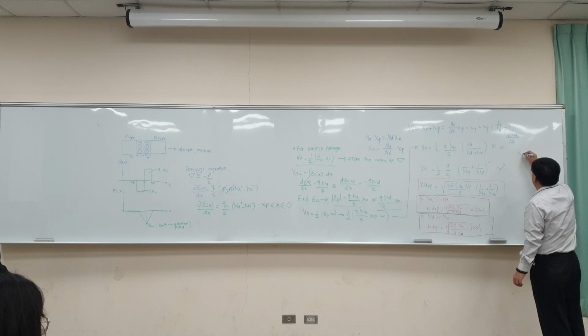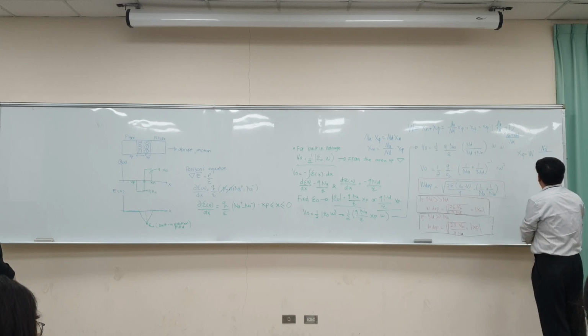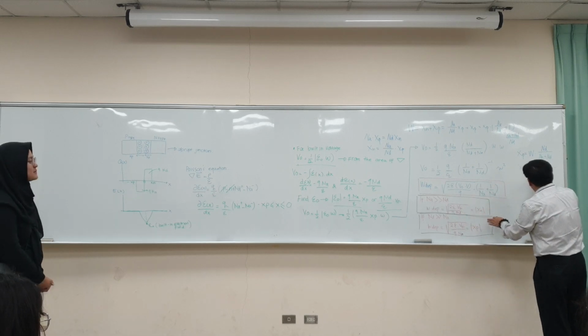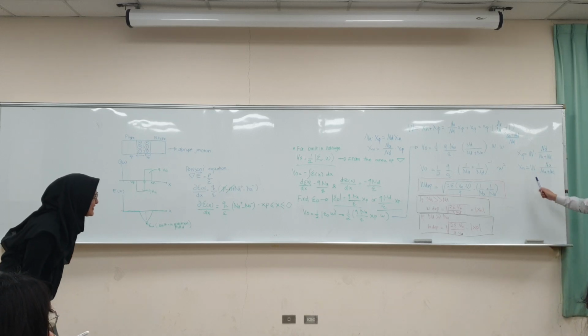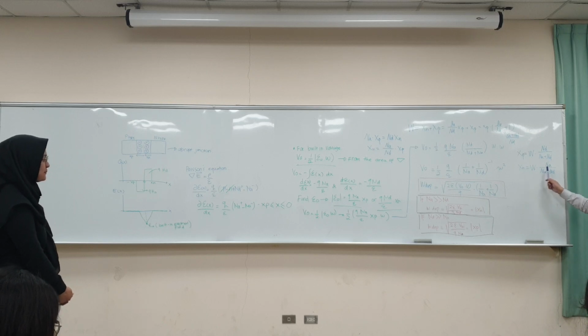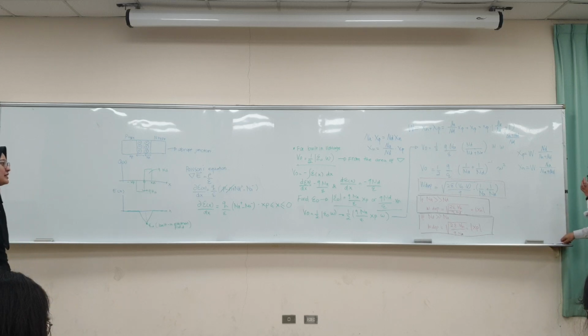So if you want XP, you will become the width, ND, NA, and XN, the total width, but you need to know which side you are looking at. The depletion width of the N region will depend on the doping concentration, and the P side also depends on the ND doping concentration.